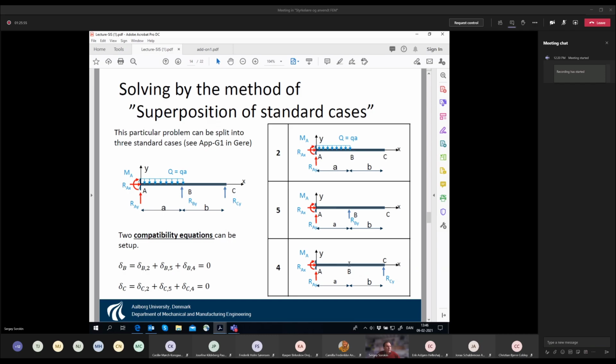Then we say that the total displacement of point B must be 0, and the total displacement of point C also must be 0. And then we have these 2 equations, and they're in fact compatibility equations, because the displacement for point B must comply with the constraint that it must be 0.